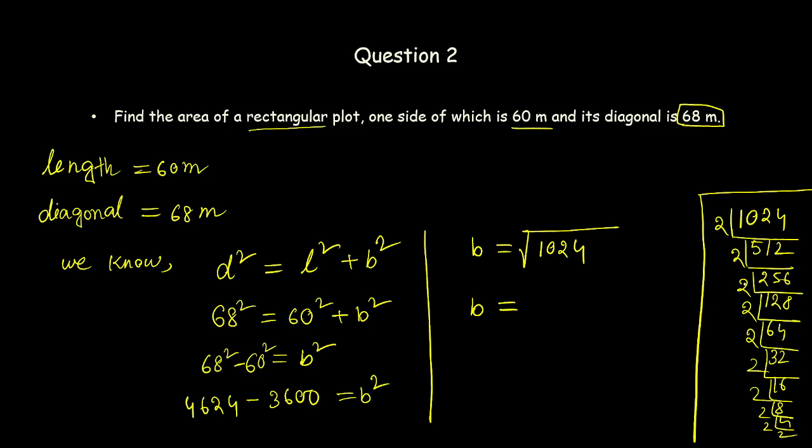So how many 2's? 1, 2, 3, 4, 5, 6, 7, 8, 9, 10. So under root 2 to the power 10, right? For removing the under root, whatever the power is, it gets divided by 2. So B equals 2 to the power 5. 10 divided by 2 is 5. Now 2 to the power 5 means 2 multiplied 5 times, 1, 2, 3, 4, 5, that is 32.